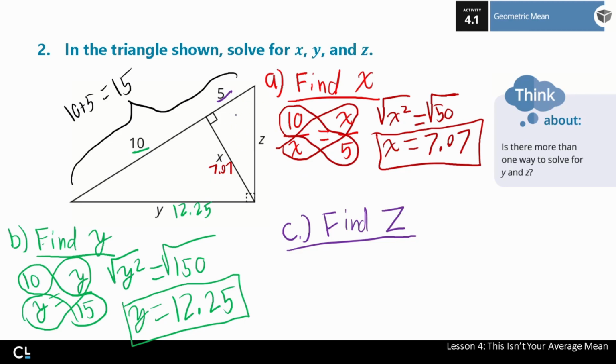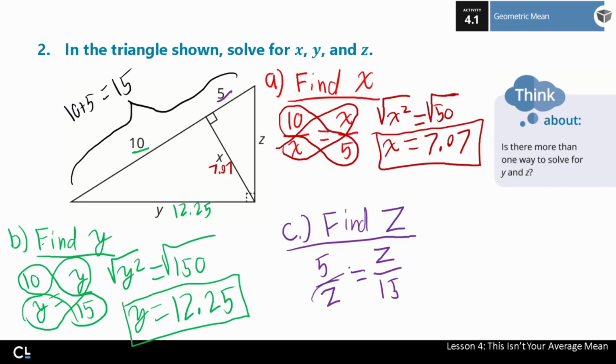But for this triangle that's on the right over here. So z is going to be the geometric mean, right? So we can set this up as the small chunk, which is going to be 5, over my leg, which is z, equals my leg, once again, z, over the entire hypotenuse, which is 15.